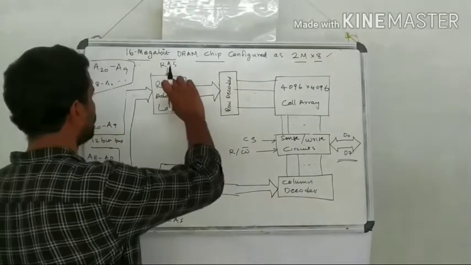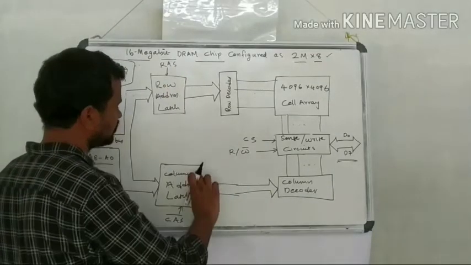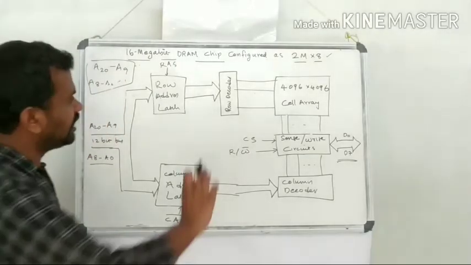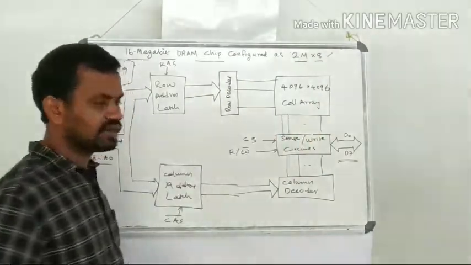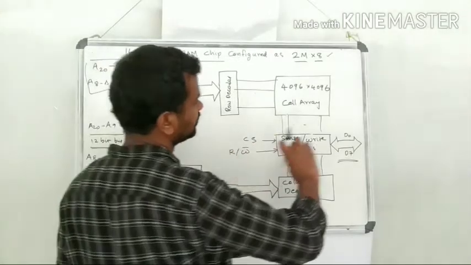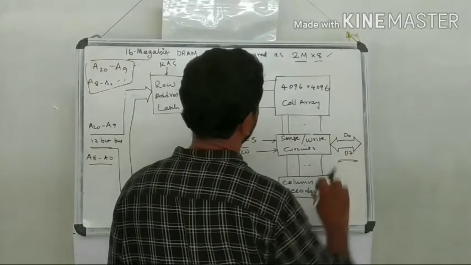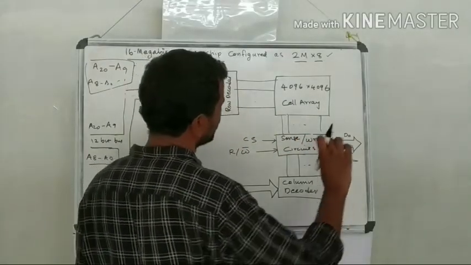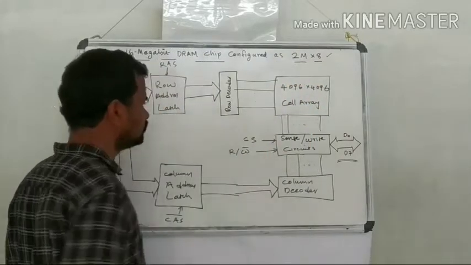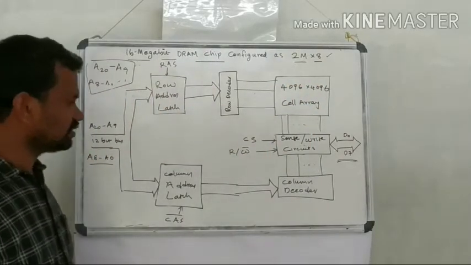So now the row address is available here and the column address is available here, and we can perform the read operation. So the read data will be available through this data bus. If you are performing a write, then that will be reached into here.